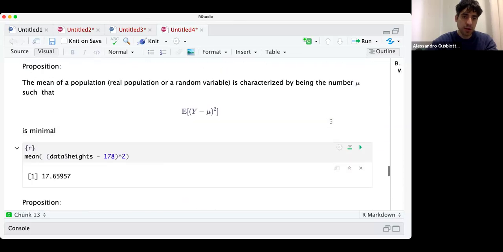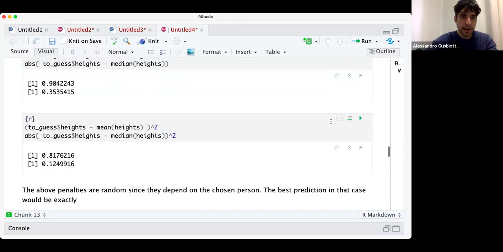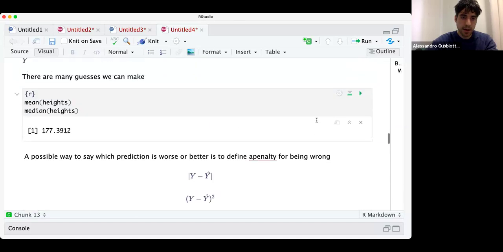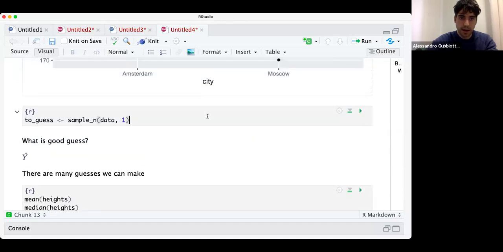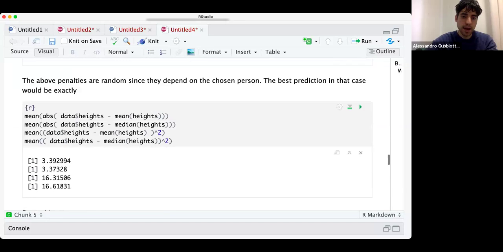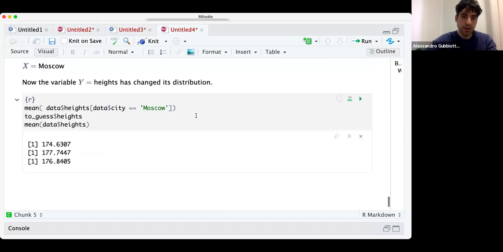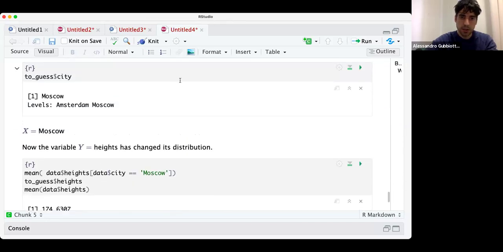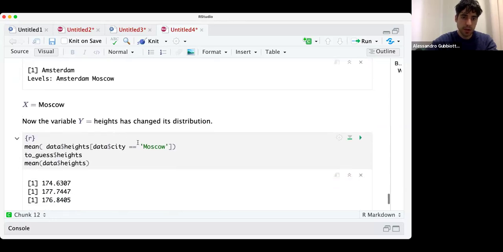Let's try to draw again another guy. So we choose another guy. Which city is he from? Amsterdam. So we need to replace here Amsterdam. The guess is 179.